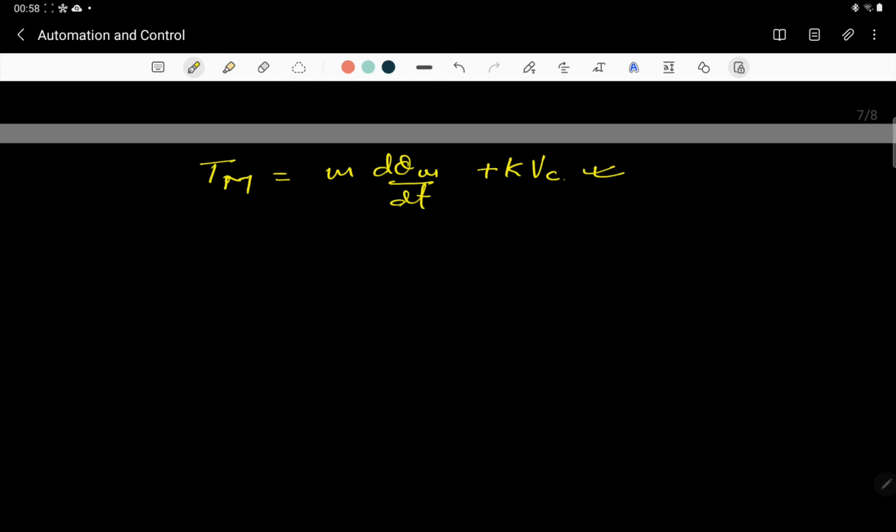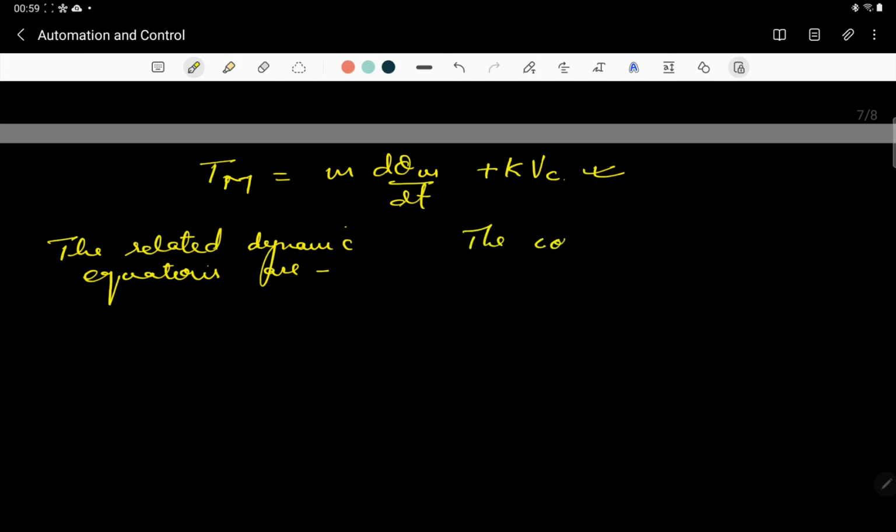So the related dynamic equations are simply the corresponding Laplace transformed equations.